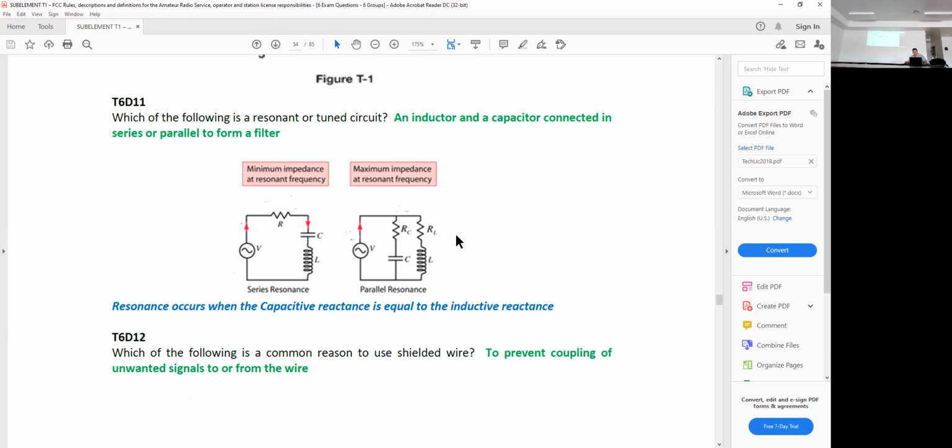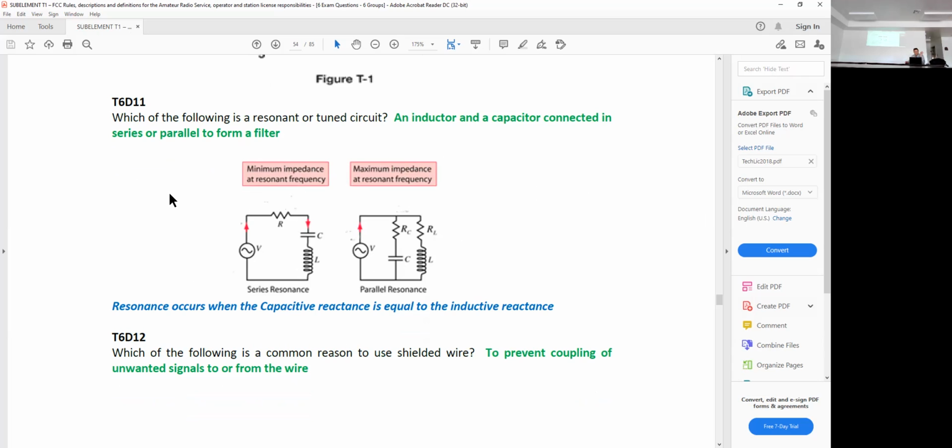Any questions about parallel and series? This has minimum impedance at resonant frequency and maximum impedance at resonant frequency. So if you only want to let one particular signal through, which one of these would be most applicable?